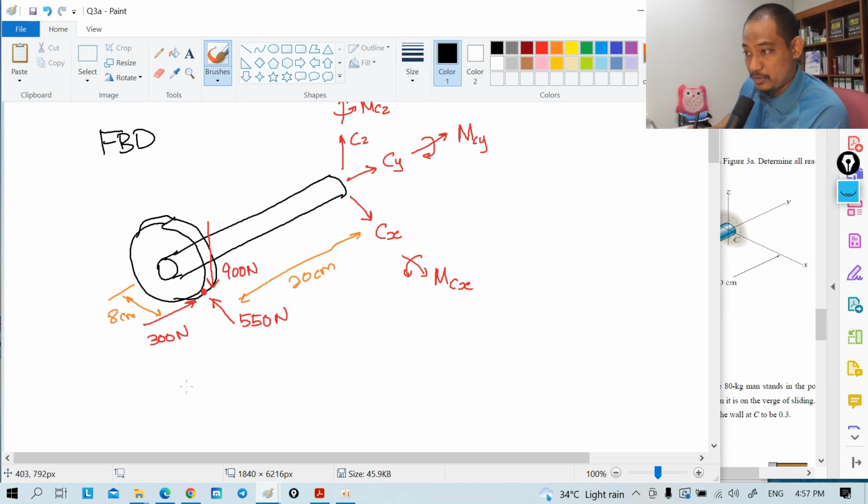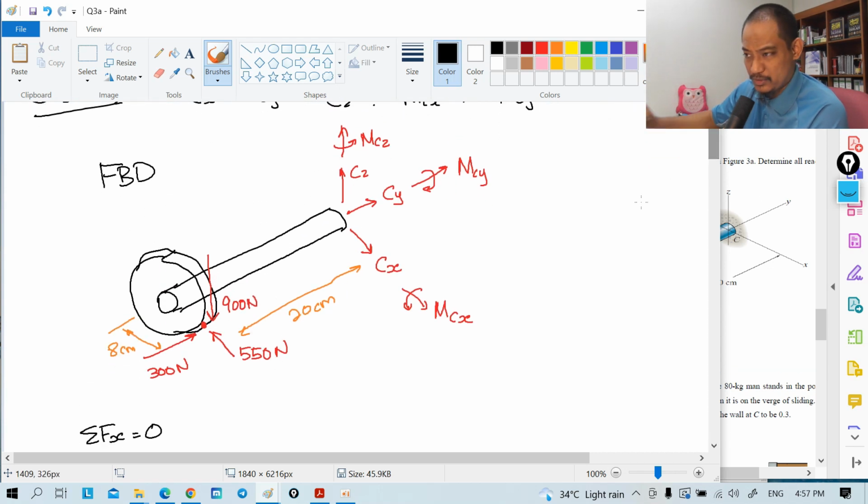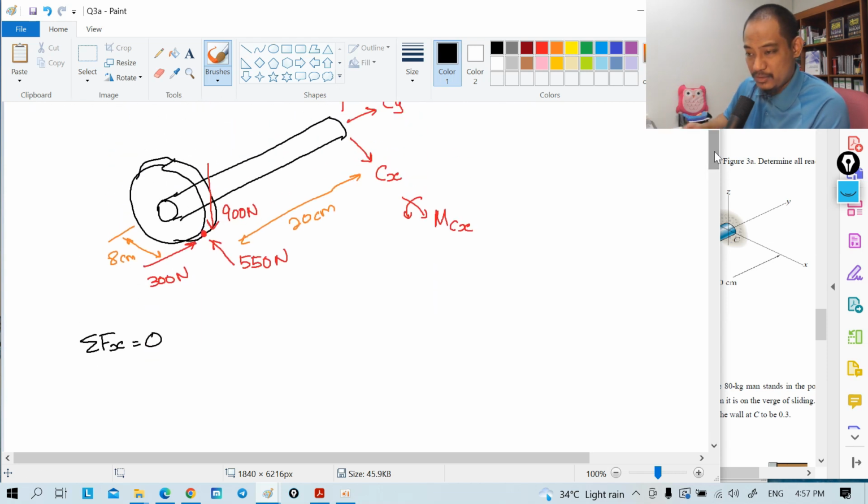Okay, so let's start with the easiest one first. Summation of forces. Summation of Fx equal to 0. The reason why in 3D I always assume everything in positive direction is so that we just use the convention, because indicating which one is positive and negative in the forces is not as easy or clear as in 2D. So assume everything is positive, so it's easy.